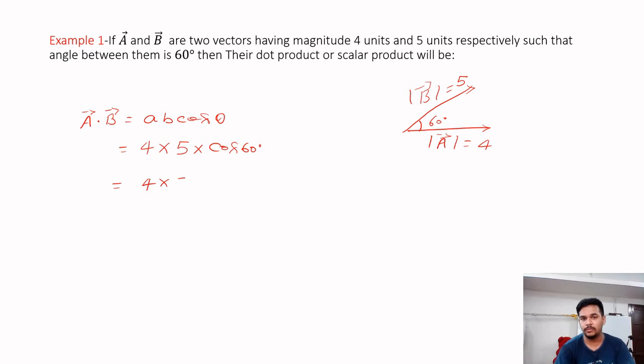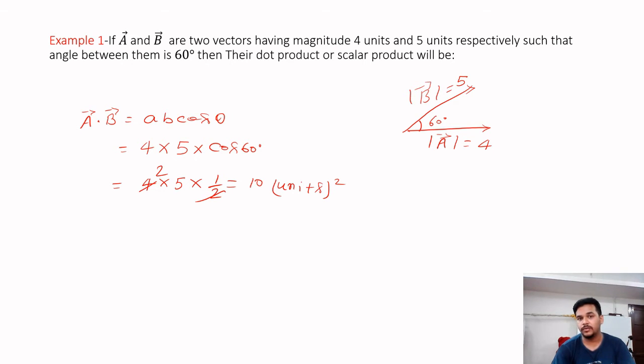So 4 into 5 into 1 by 2, the 2 cancels out, and it will come to 10. Now units: it will be units square, because it is a product. Later you can take care of the unit, depending on which physical quantity you are taking in the dot product.